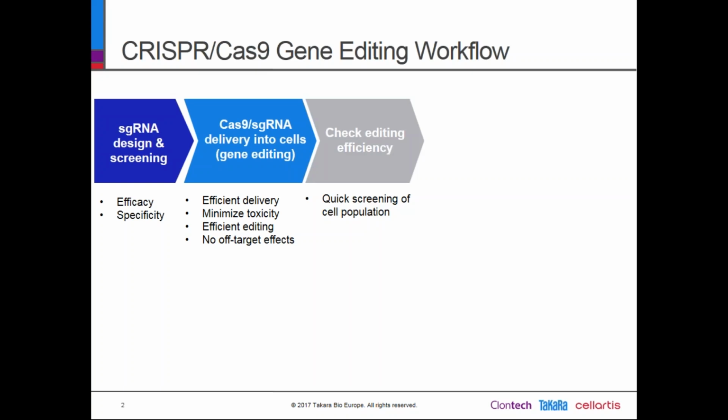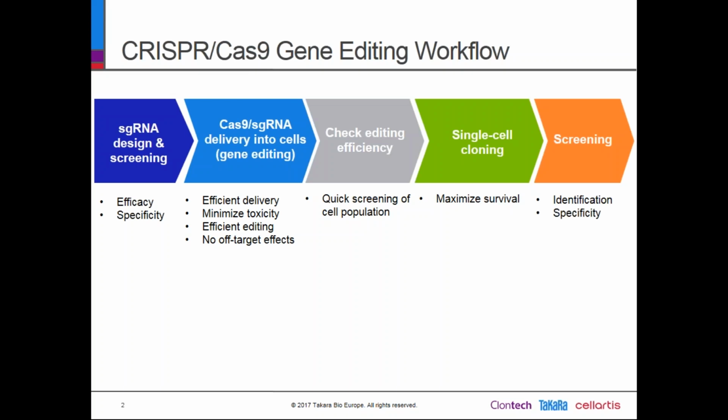Following the gene editing, there are also several tools for a quick screening of the cell population, just to quickly check if the editing has been efficient prior to the single cell cloning step, which can be a quite tedious and a long step in the workflow, in which you will need to maximize the survival of your single clones.